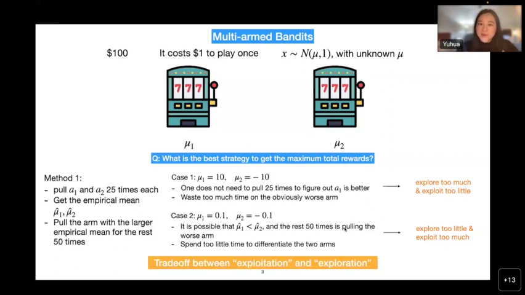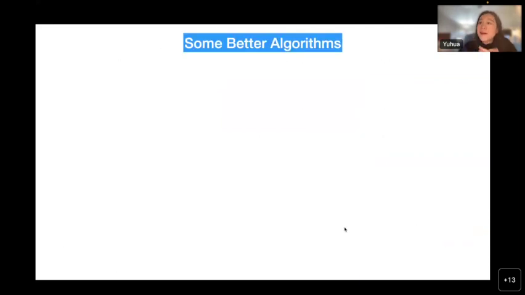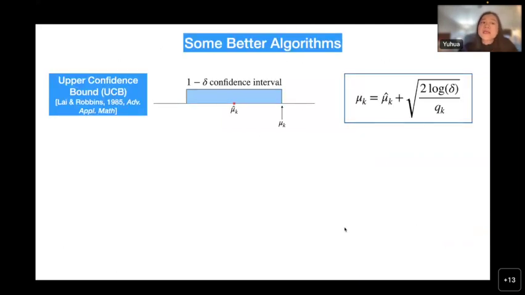So multi-armed bandits are really a trade-off between exploitation and exploration. Here are some better algorithms. The first one is called upper confidence bound, introduced by Lai and Robbins in 1985.